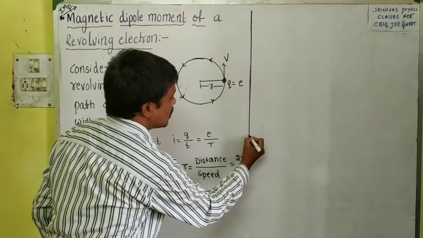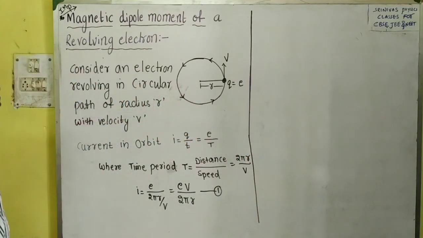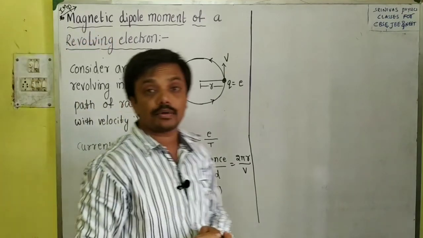Now I am going to derive the formula for the magnetic dipole moment.